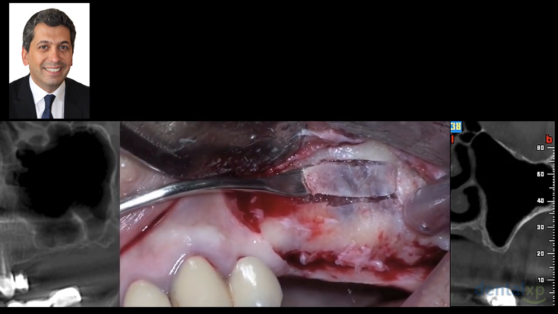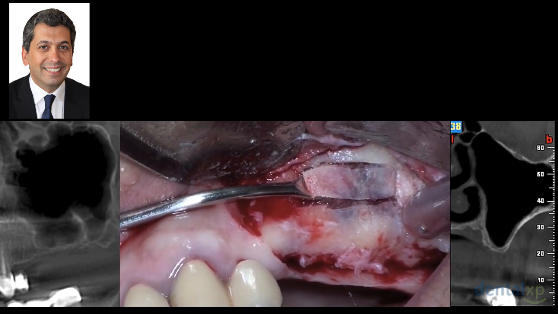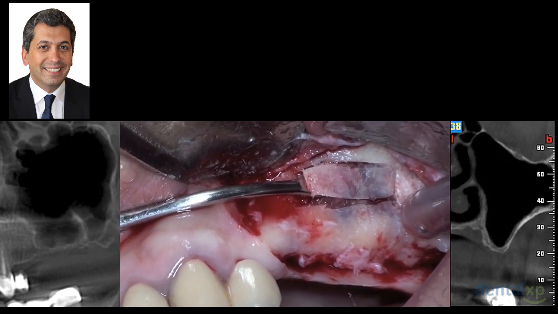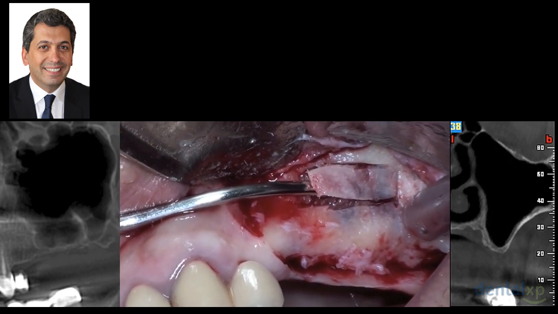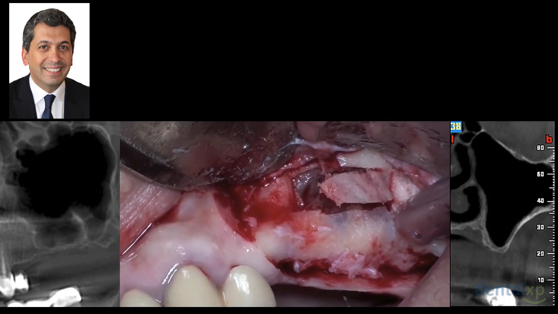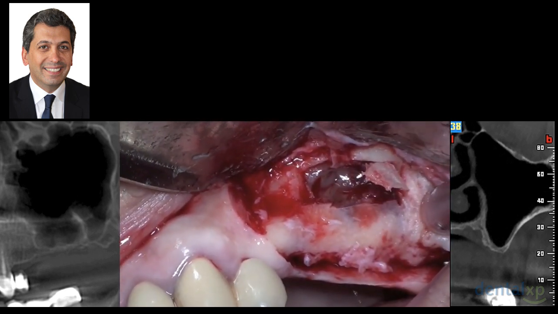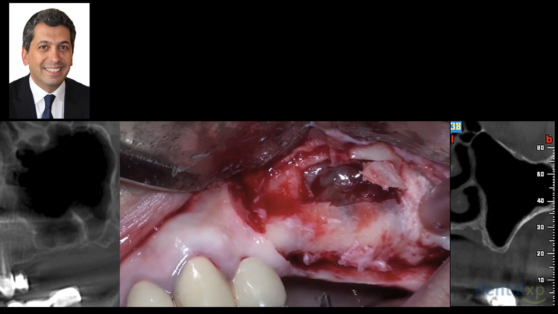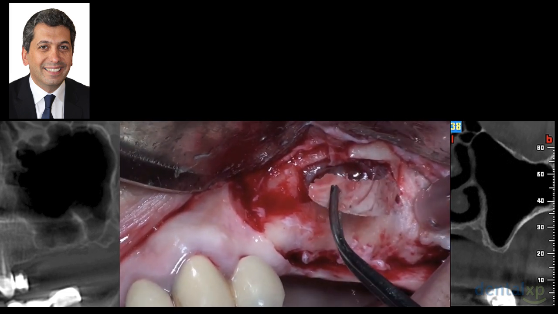You have to go very slowly in order to avoid any perforation of the membrane during this process. Then you push gently until this part of the bone is broken. You can then take it out and have direct access to the underlying sinus.